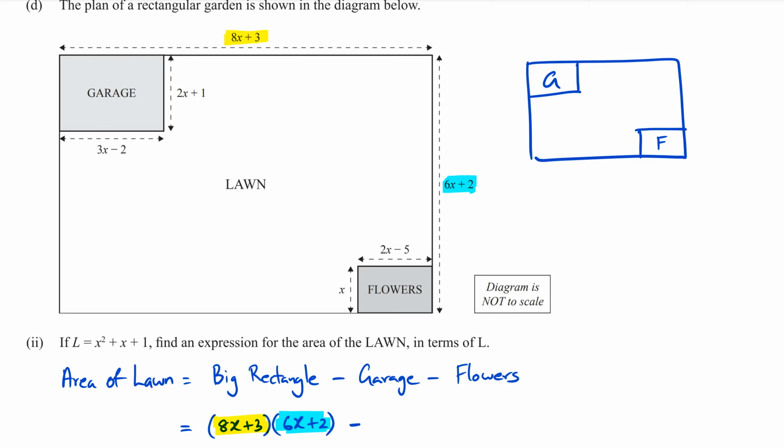So for the garage, our base is going to be 3x minus 2, and our height is going to be 2x plus 1. Then for our flowers, we've got a height of x and a base of 2x minus 5. So we're going to subtract that as well.